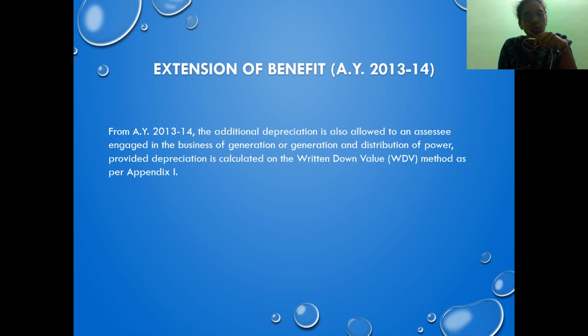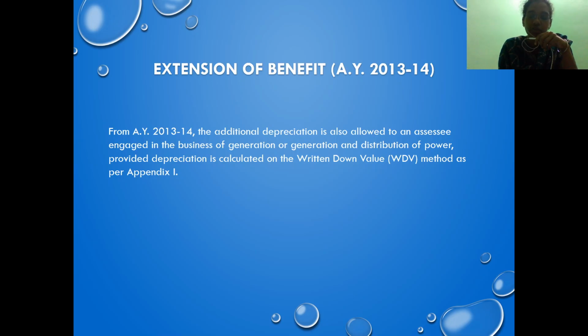There is also one more condition: the business making use of that plant or machinery should be into manufacturing or production process, or into generation and distribution of power.